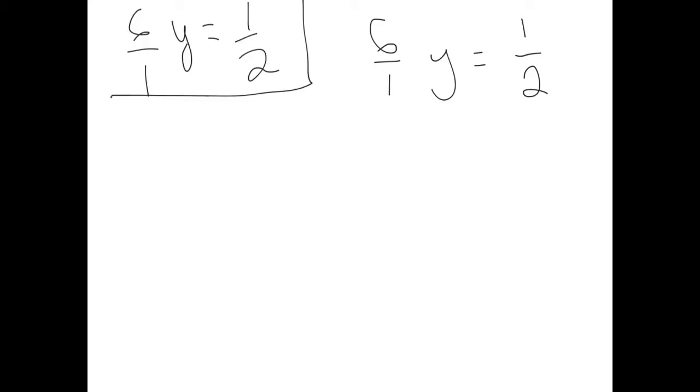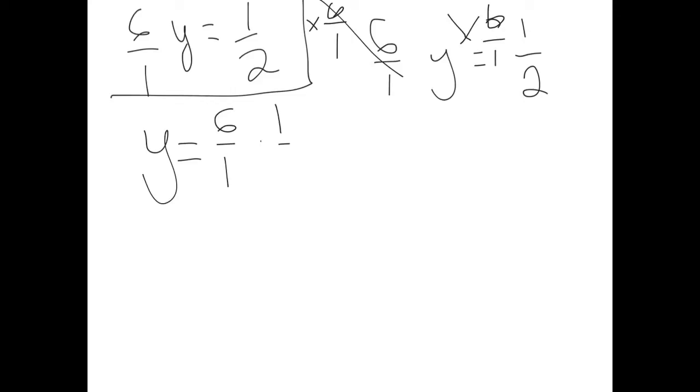Okay, let's solve this equation. 6 over 1 times y equals 1/2. We must multiply 6 over 1 to both sides of the equal sign. This will cancel out, leaving this. Okay, we will have y equals 6 over 1 times 1 over 2, which equals 6 times 1 over 1 times 2.